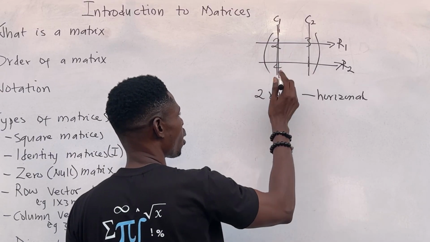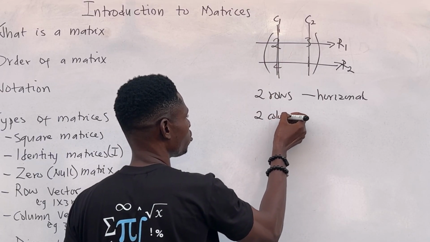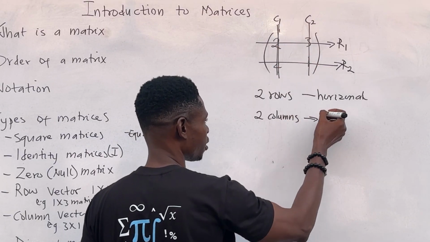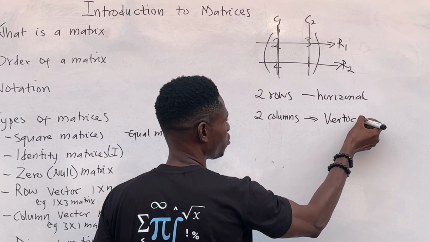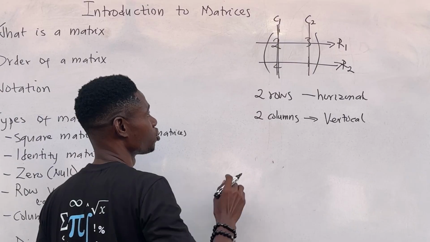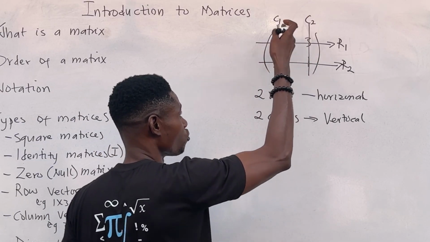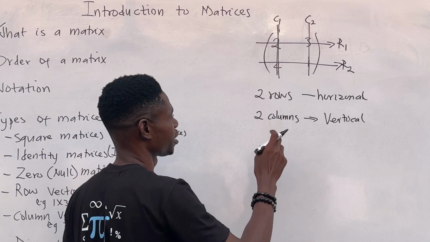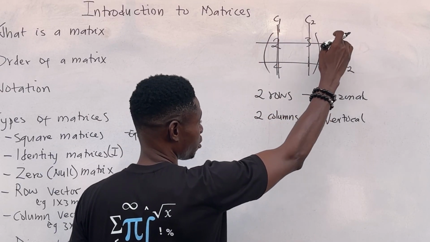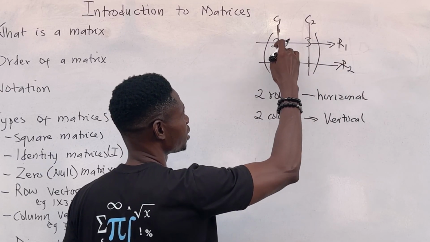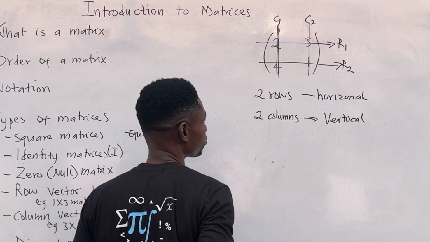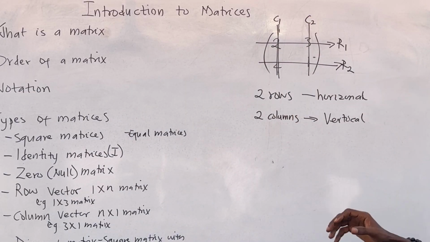So this matrix also has two columns, and the columns are the vertical arrangements. So column 1, column 2, vertical, up, down, or down, up. Rows, horizontal, left, right, or right, left. So row 1, row 2, column 1, column 2. Okay, so I just wanted to get that clear.